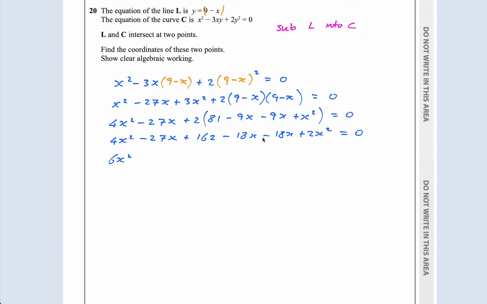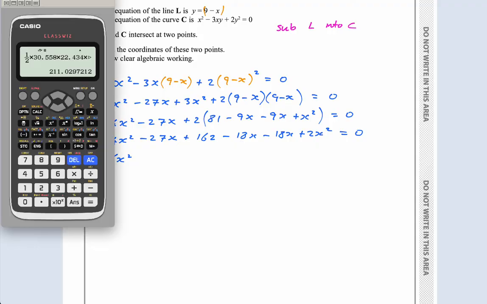Join the x's together. Minus 27 minus 18 is minus, what is it? I need to use my calculator, guys, because I do not want to make a mistake. So minus 27, minus 18, minus 18 again, minus 63.